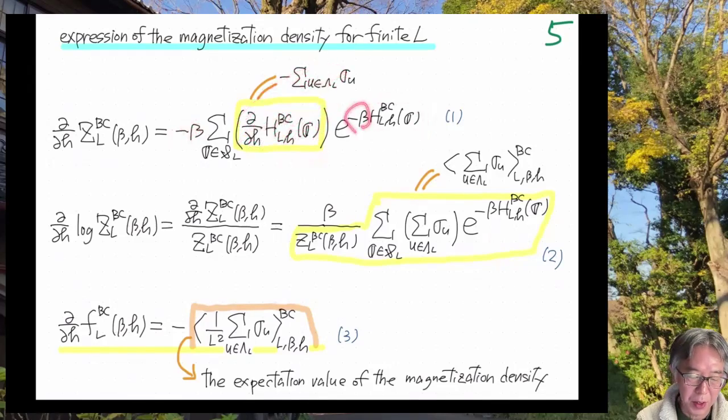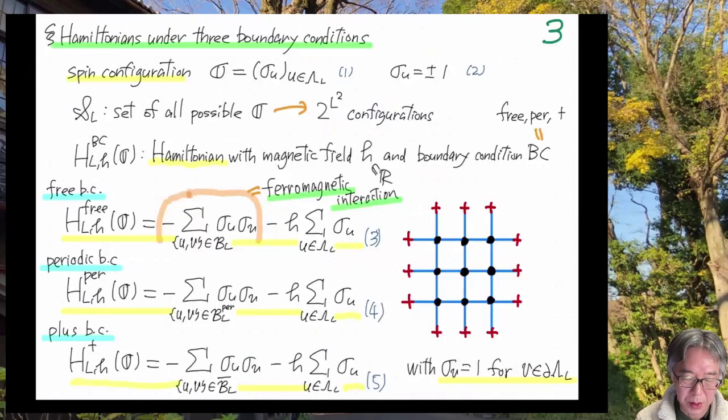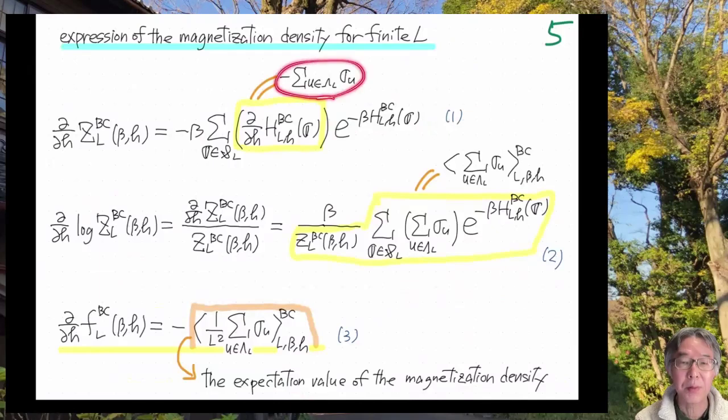So this minus beta comes down, and you have this. Now if you look at the definition of the Hamiltonian, h appears here, and it's exactly the same for all three boundary conditions. So if you differentiate the Hamiltonian with respect to h, then you get this thing, right? Derivative is given by this.